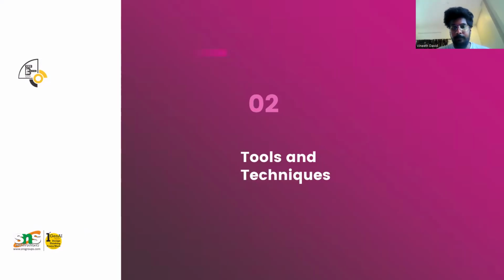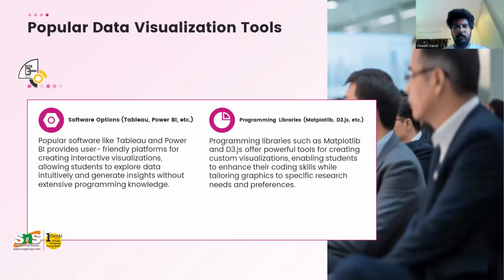So yes, tools and techniques. How do we create these visuals? As we talked, we have a lot of visualization tools now. Even AI can generate detailed graphs on what we create.